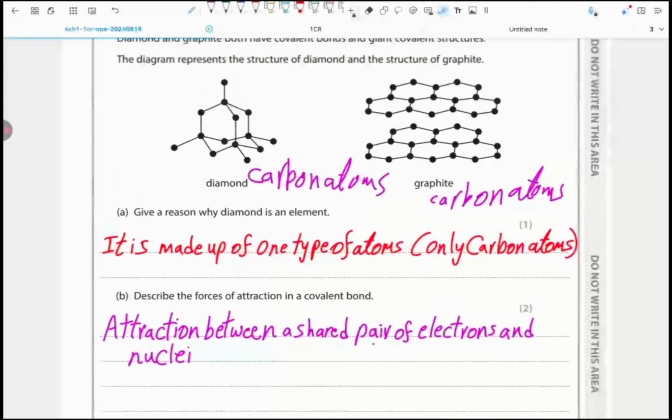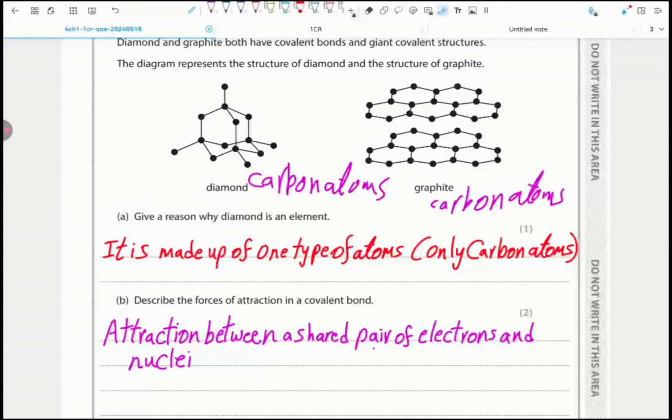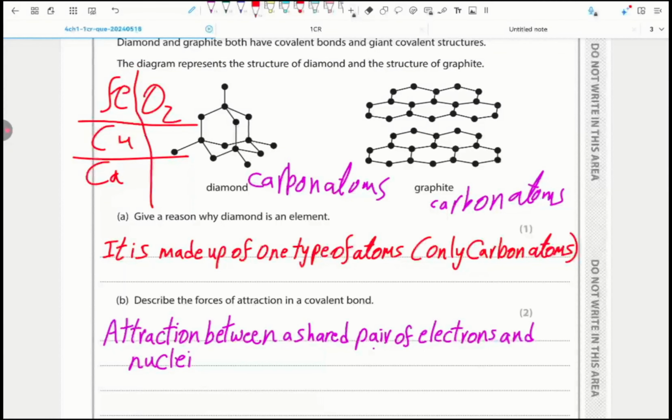So the question is, give a reason why diamond is an element. Generally, my friends, diamond is an element because an element is made up of 1 type of atoms. For example, Fe is an element, Cu is an element, calcium is an element, oxygen, O2 is an element, because the atoms here are similar. But we have CO2, for example.